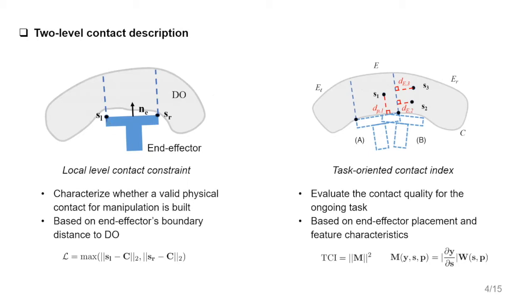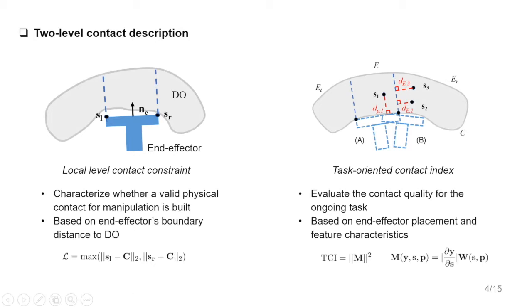And the task level contact is realized by the task-oriented contact index we propose in this work, which takes into account both the virtual feature's Jacobian and the feedback points and the end effector's influence on the feedback points.